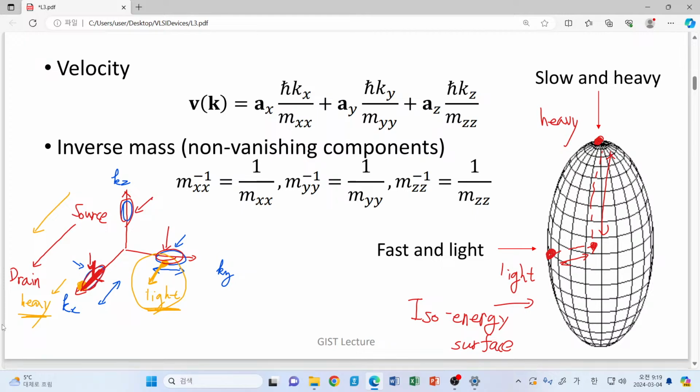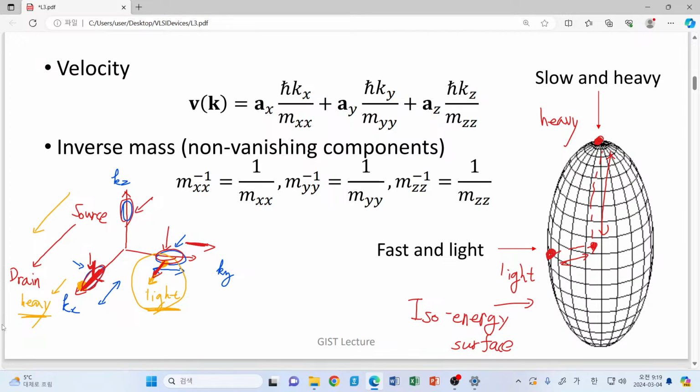Although I'm saying that this is good for x-directional transport, if we consider y-directional transport, then this one becomes quite a bad channel for our electronic transport. So that means we have to introduce certain ways to break this symmetry. Later you will see how we can break this symmetry between three different pairs of silicon conduction valleys.